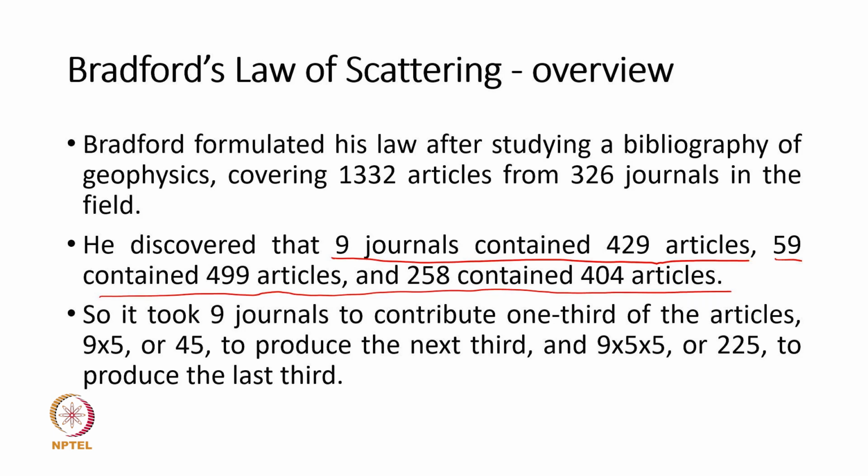Based on the result he obtained, he found that 9 journals contributed approximately one third of the articles, because the total number of articles is 1332. This divided by 3 is equal to 444.